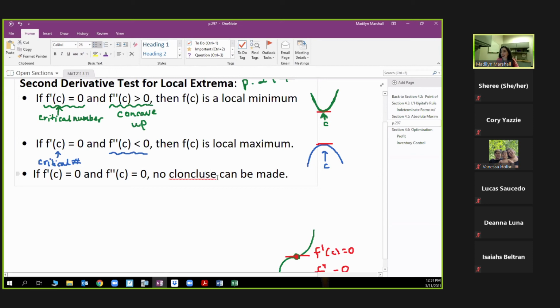So this test doesn't help us at all if the second derivative is 0. Lots of different things can have a second derivative of 0. It doesn't mean that there's not a local maximum or minimum there, but it doesn't mean that there is either.